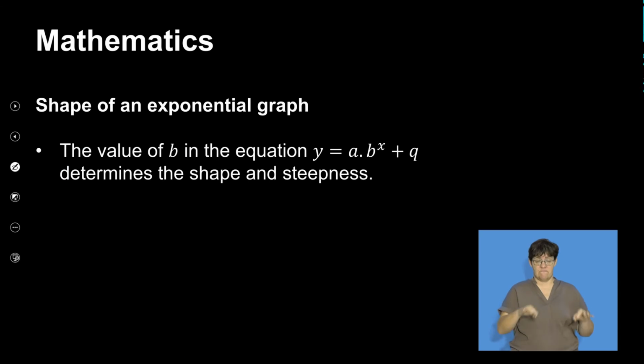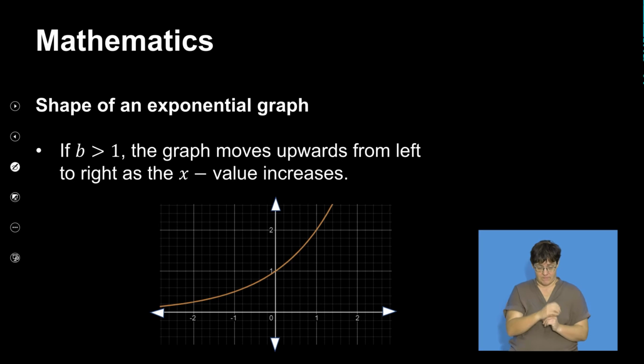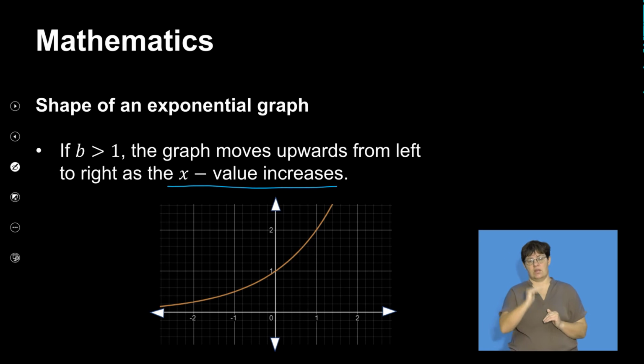Now, the value of b tells us the shape and the steepness of the graph, right? So that one was about the stretch of the graph. And the more it becomes stretched, the more it becomes a bit steeper. But now, if b is greater than 0, it means that the graph moves upwards from left to right as the x value increases. We normally call this an increasing function.